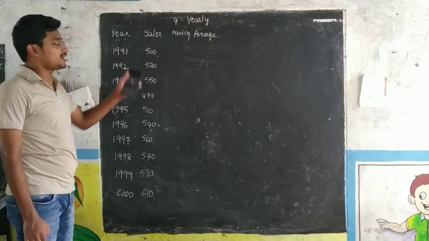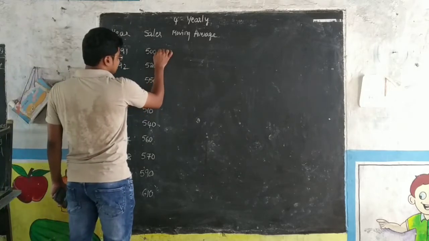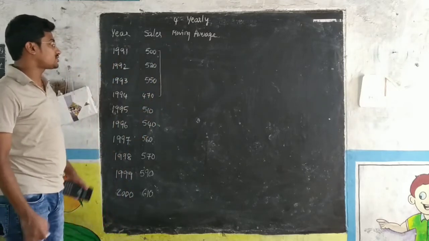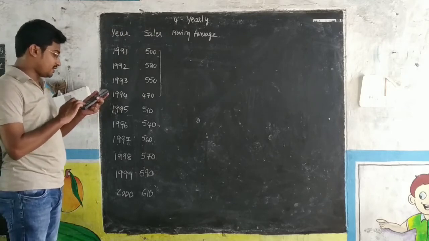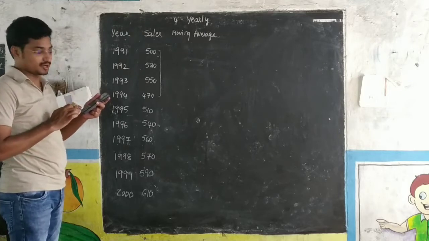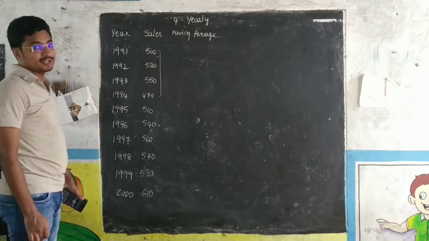This is 4 yearly, even. 500 plus 520 plus 550 plus 470 divided by 4 is 510. What is the middle year of the 4 years?